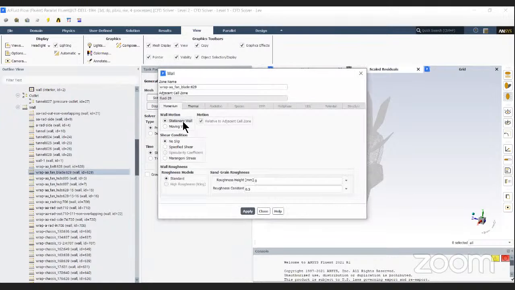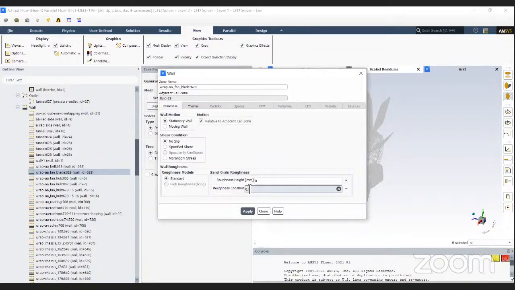You will notice that this has been assigned as a stationary wall. But stationary with respect to what? Stationary with respect to the adjacent cell zone. And my adjacent cell zone is a moving reference frame zone. That means this guy is moving, right? So this is what I wanted to highlight earlier about the difference between actually stationary and actually non-stationary objects that touch or are included within the zone.